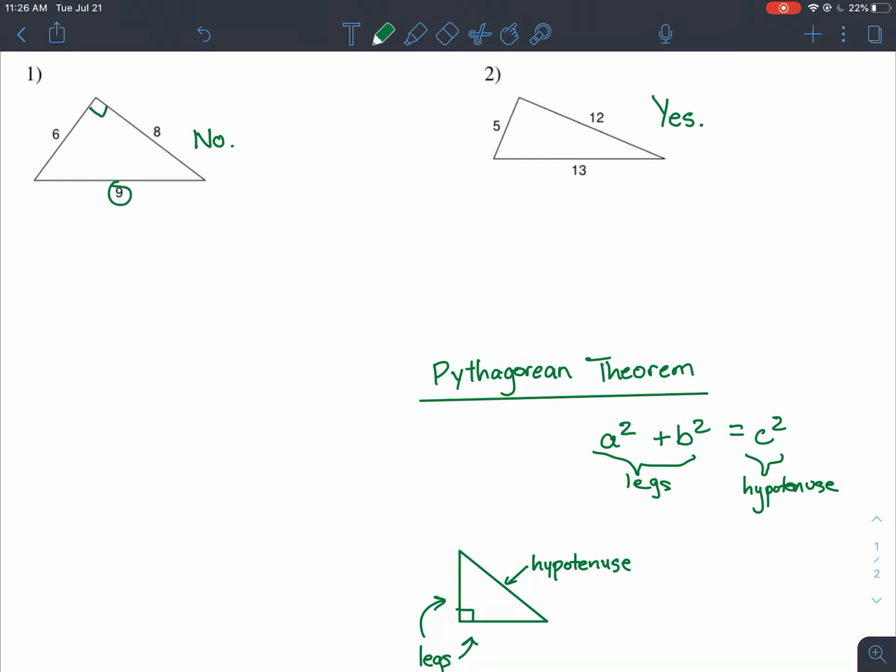So, we can set up our Pythagorean theorem and then plug in. So we can call this one A, this one B, and the hypotenuse is always C. So let's substitute.